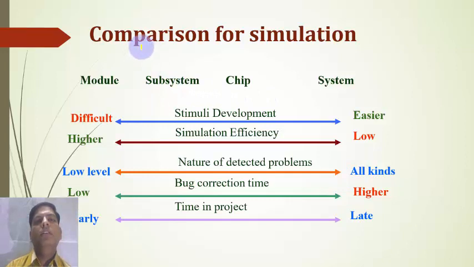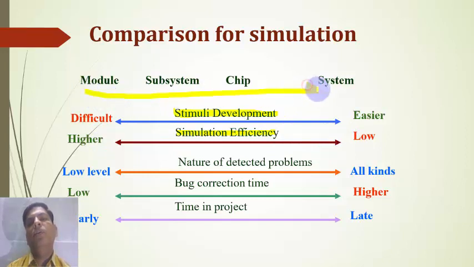The comparison for simulation at module level, subsystem, chip and system level. First point is stimuli development. At the module side it is difficult, but at the system side it is easier. Second parameter, simulation efficiency: at module side it is higher, but moving towards the system side it is low.